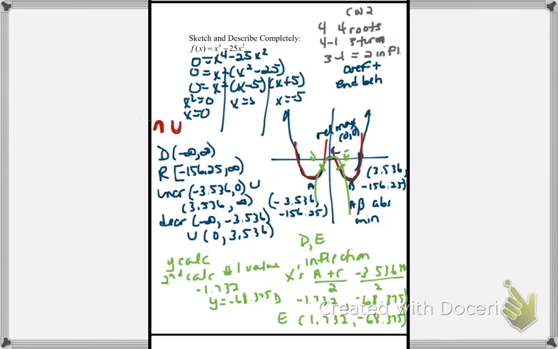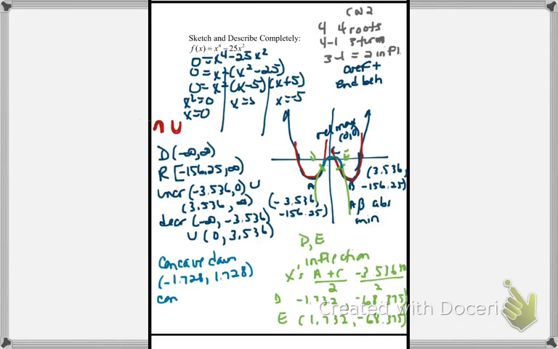From here, you can do your concavities. So you're going to do your concave down. That's this guy in the middle from here to here. Use your x values only. From negative 1.728 to positive 1.728.